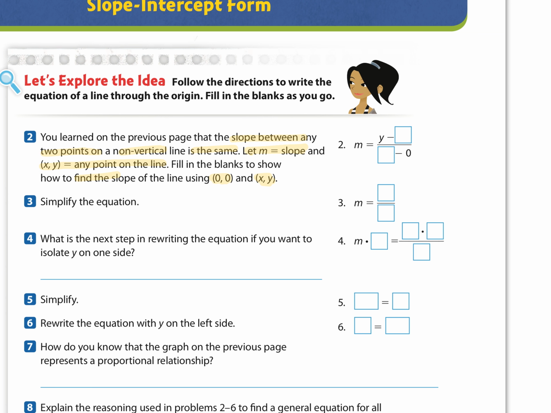Now, who's a little confused with what it means by x, comma, y is any point on the line? Can somebody explain what that means then? So when here they tell you that x, y is any point on the line, think about it as getting desserts. Okay? Can you get cake?